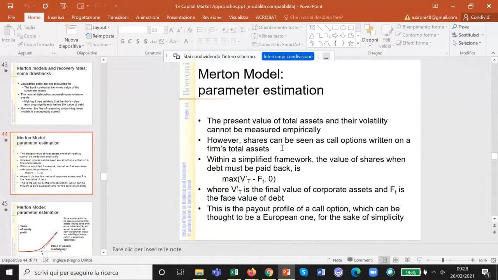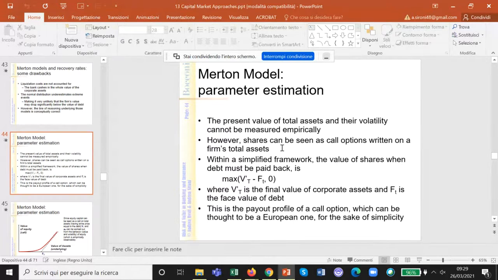Now, there is an alternative that we could use to overcome the empirical problems I mentioned in estimating the equilibrium spread and the borrower PD.